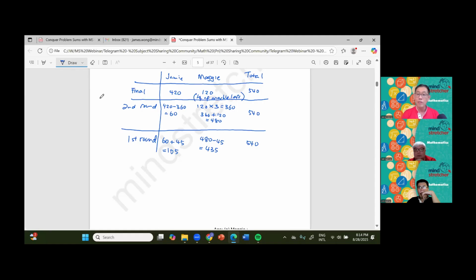By working backwards, I have determined the quantity that Jamie and Maggie respectively had in the beginning. So this is how you can present your answer very systematically and efficiently to solve this question if you use this method.